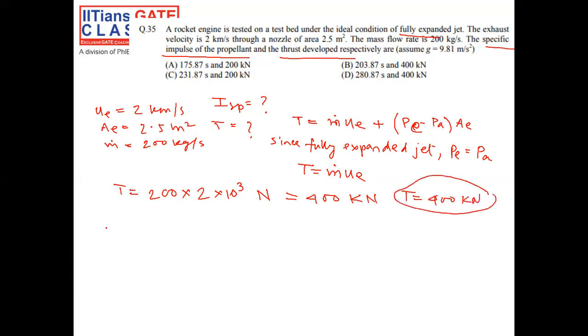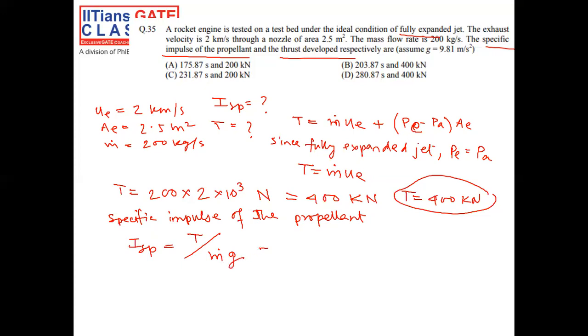Now we have to find out the specific impulse of the propellant. Isp will be equal to T by m dot g. Right.